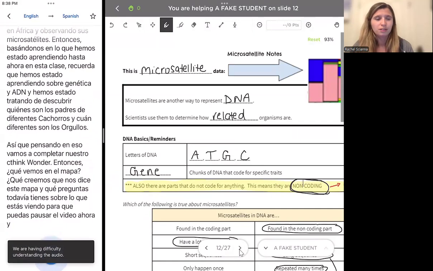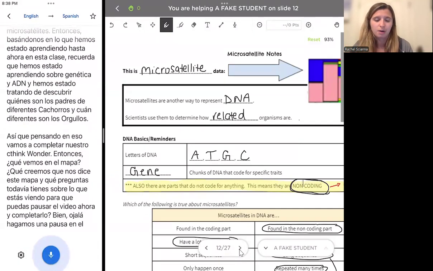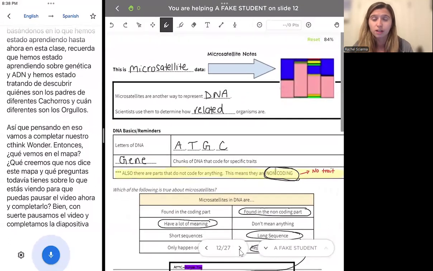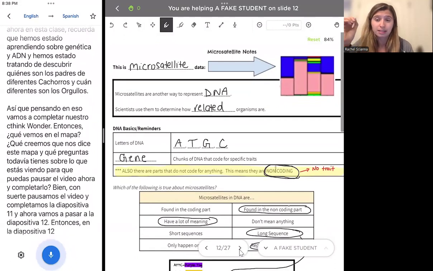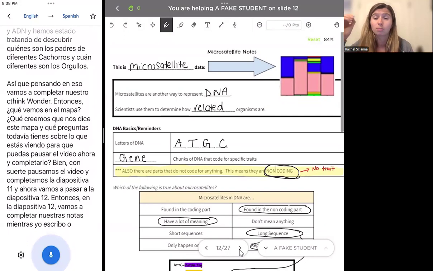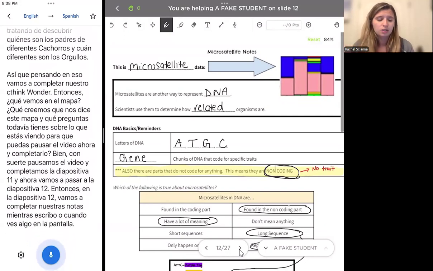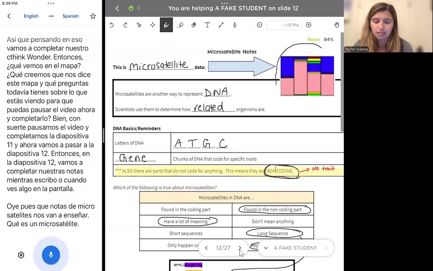Okay. Hopefully we paused the video and we filled out slide 11, and now we're going to go to slide 12. So on slide 12, we're going to fill out our notes. As I write, or as you see something on the screen, you're going to fill in your blanks, okay? So the microsatellite notes are going to teach us what a microsatellite is. Okay, so this is a microsatellite.